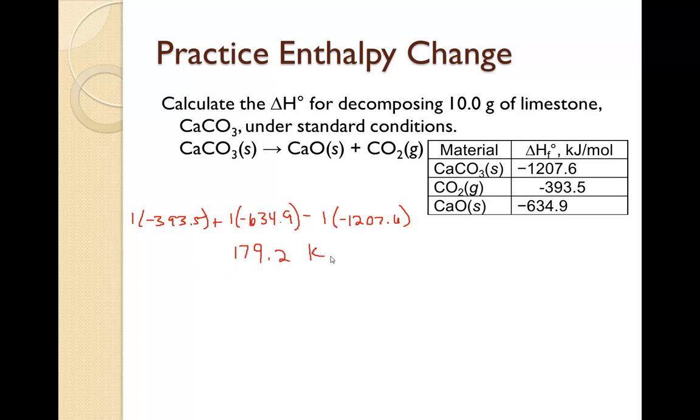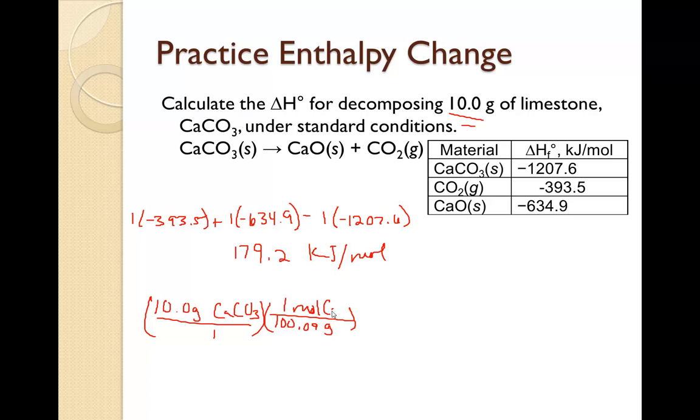We have 10 grams of limestone being used. So 10.0 grams of calcium carbonate over 1. We need the molar mass of it to get to moles. So calcium carbonate, after looking at the periodic table, is 100.09 grams per 1 mole of calcium carbonate. So 1 calcium, 1 carbon, and 3 oxygens added together gives us 100.09.